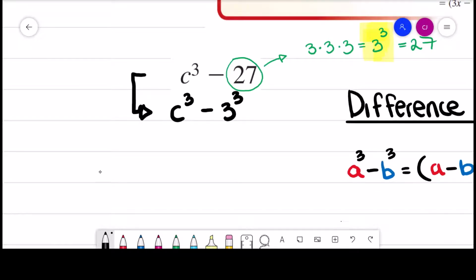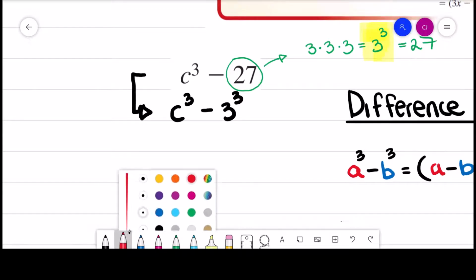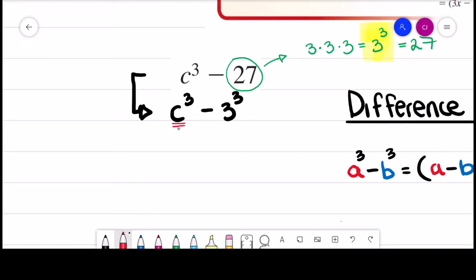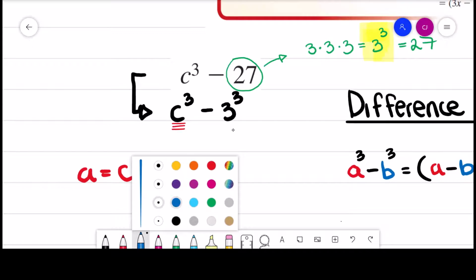Now, what I'm going to do next is show you that if I look at this c, this c is going to be my value for a. So I'm going to write that on the left. My a value is going to equal c, and my b value is going to be the 3.